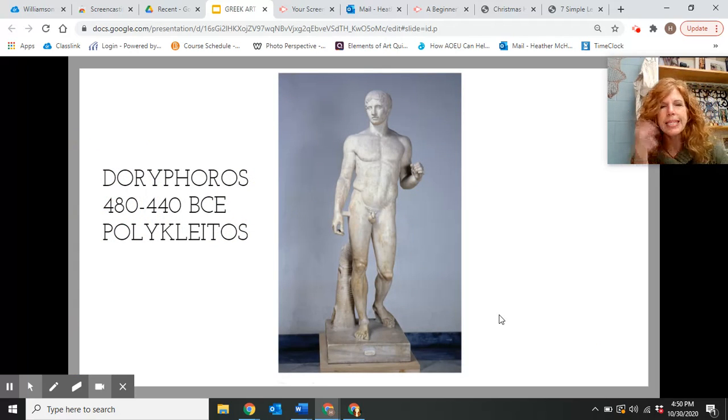All right, so here's the Doryphoros. He has this amazing S curve in his body, the complete pinnacle of contrapposto. Remember, contrapposto was invented by Polykleitos, and this sculpture in and of itself was created by Polykleitos. It is the most replicated sculpture by Roman artists.